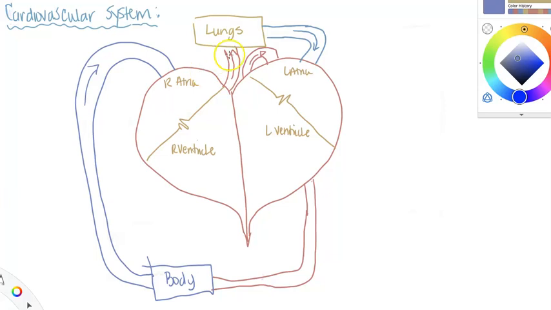So through the heart, blood flows from right atrium to right ventricle, and in the left, from left atria to left ventricle before entering the vessels.